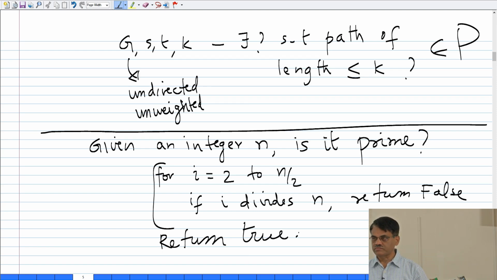Why is it enough to go only up to n by 2? By definition, you should go up to n minus 1 really, because a number is prime if there is no divisor other than 1 and n, or you can even go up to the square root of n.